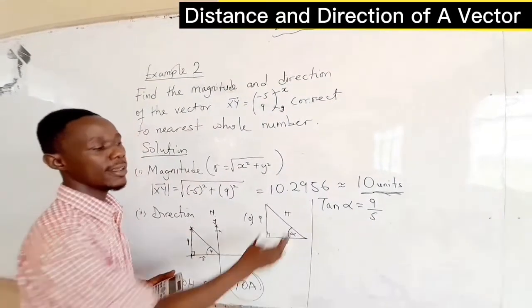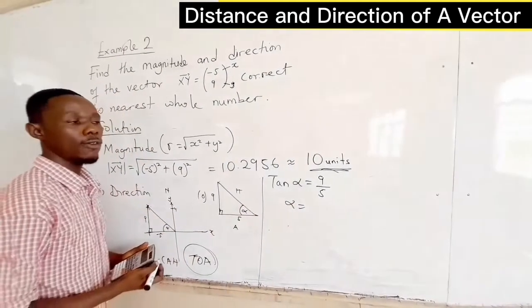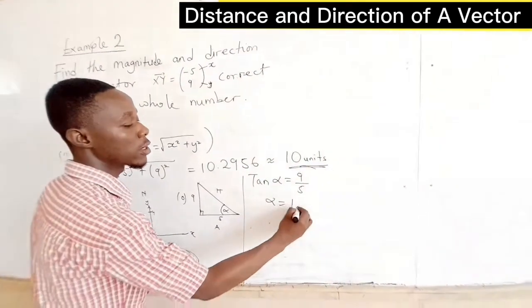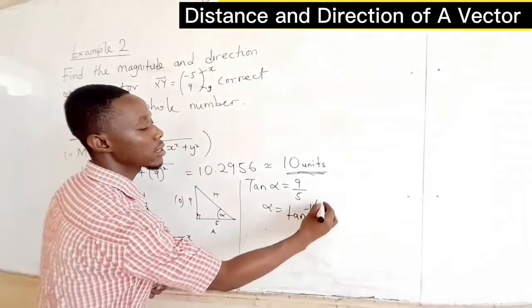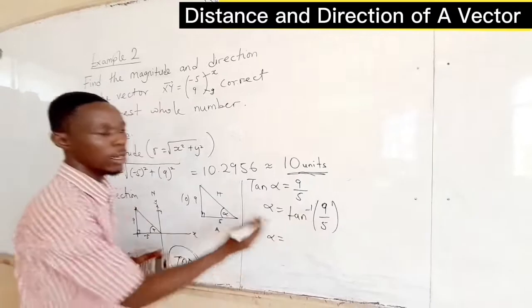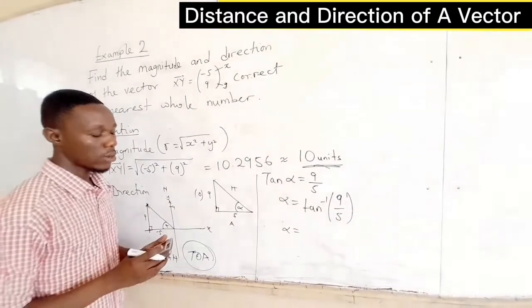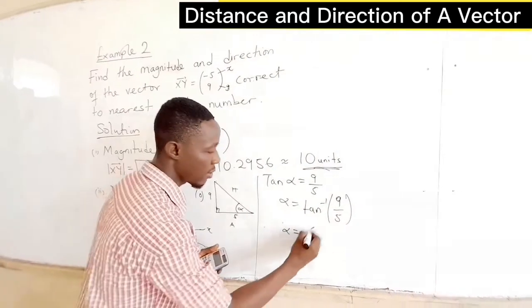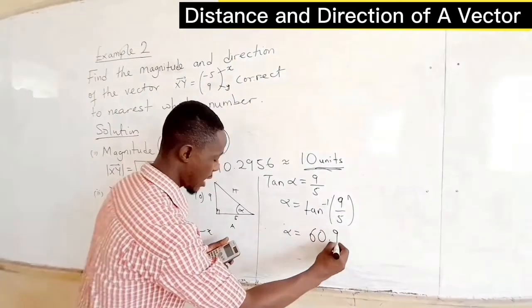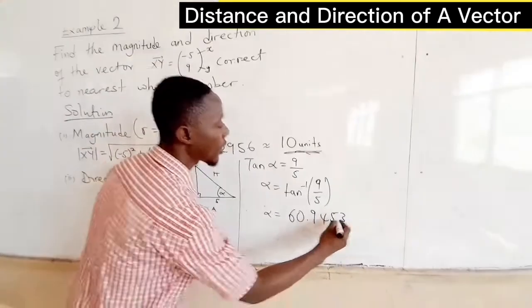Let's send the tan to the other side. We have alpha equal to tan inverse 9/5. Let's punch this one on the calculator. We have 60.9453.